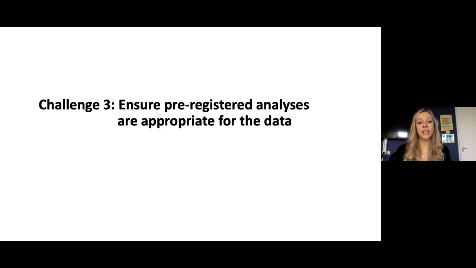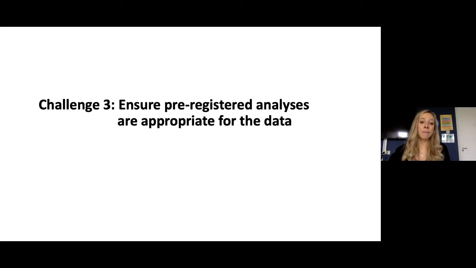But with secondary data, the extent to which the data can shape the analyses can be quite considerable. So as some examples, with longitudinal cohort studies, there's often attrition and missing data. But the type of analysis that you might do to account for the missingness really depends on the characteristics of the missing data, such as whether it's missing at random or not.